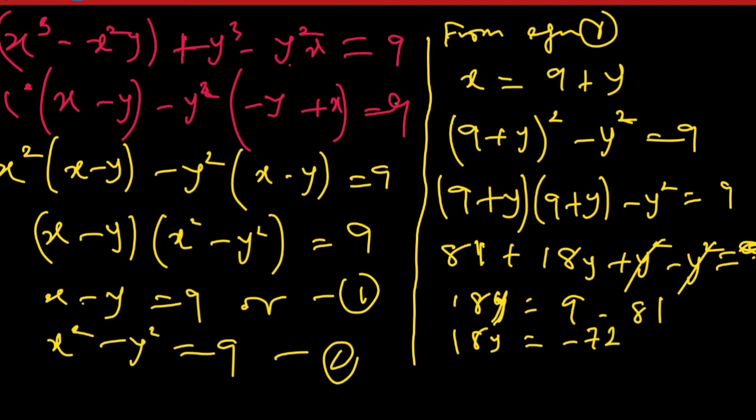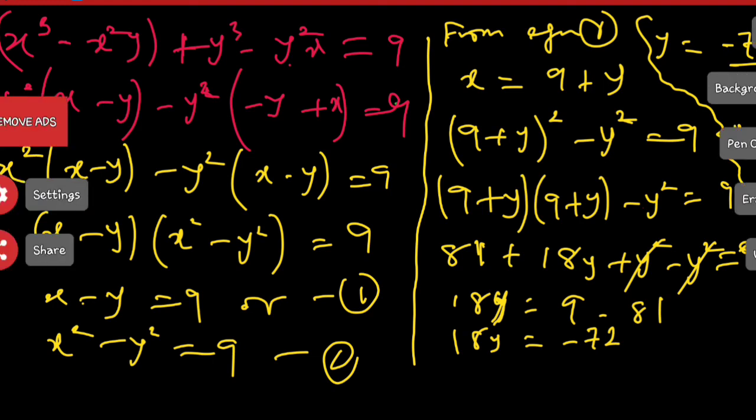Now let's find the value of y. My value of y will be equals to minus 72 all over 18, and that will give rise to y equals minus 4. Now I've gotten the value of y as minus 4.